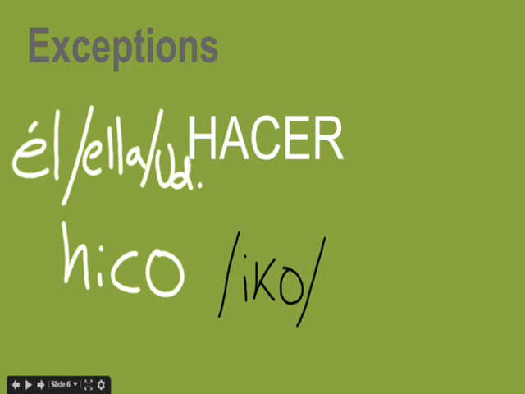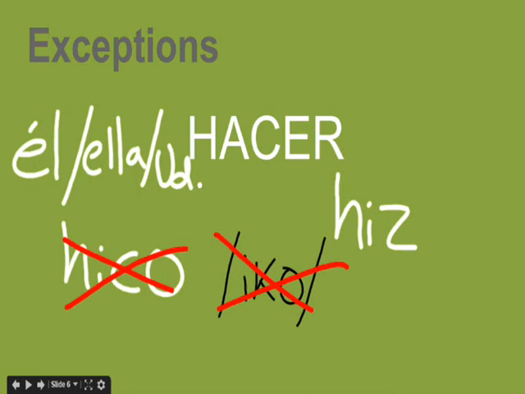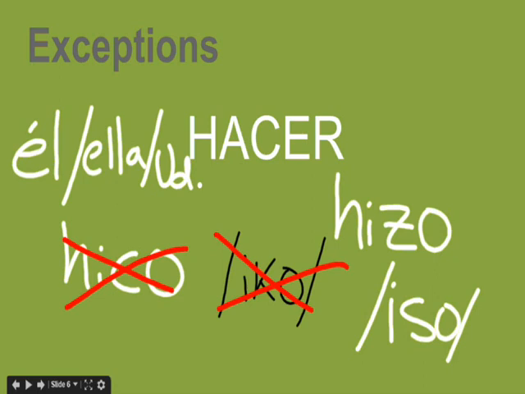And we don't want it to be hiko. We want it to be hizo. We want to maintain that s pronunciation. Okay, so these two are wrong. So what we do for the él, ella, usted form of hacer, we use a different spelling, although the pronunciation is the same as what we want. Hizo. That way we have the pronunciation. Hizo. In which the C changed to a Z to maintain the S sound.